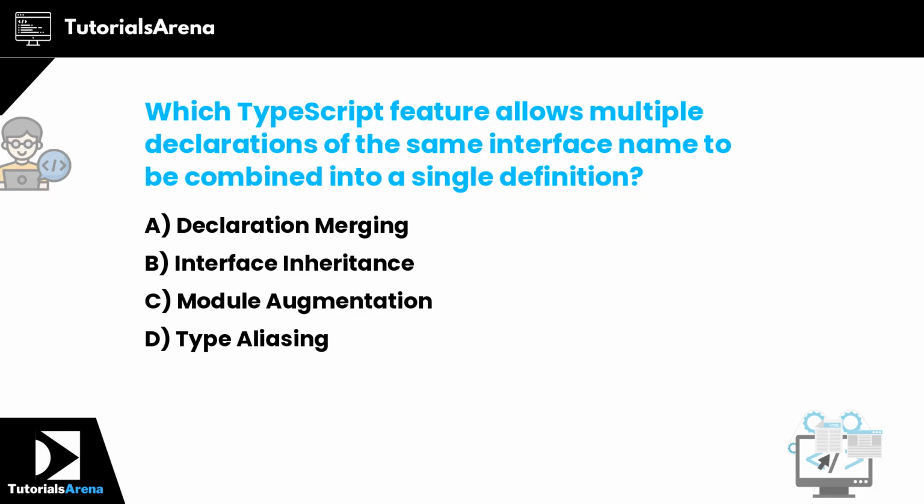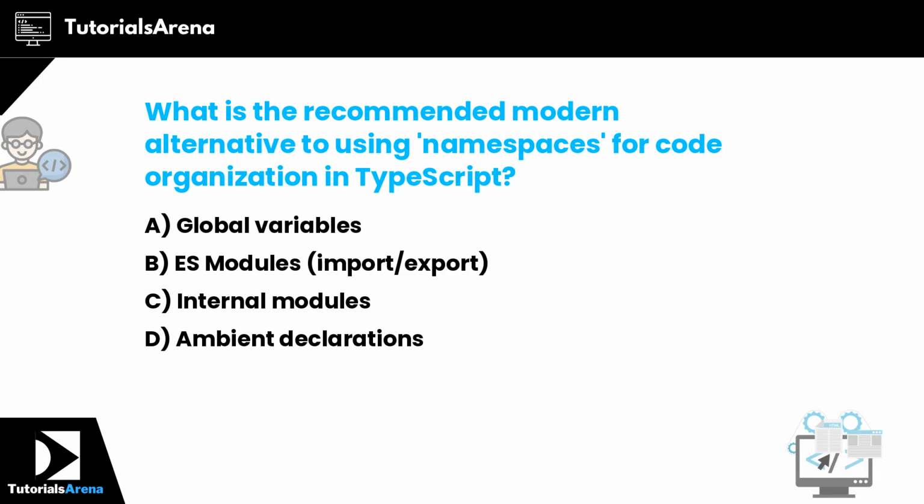Which TypeScript feature allows multiple declarations of the same interface name to be combined into a single definition? The correct answer is option A, declaration merging. What is the recommended modern alternative to using namespaces for code organization in TypeScript?